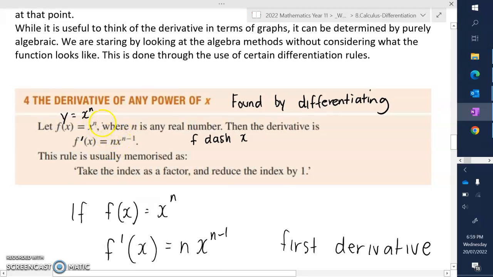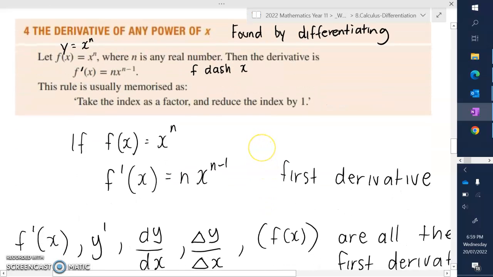We've still got our x, and we have our power of n, and we take a number away from it. So the n comes down the front and one is removed from that power. This is usually memorized as take the index as a factor and reduce the index by 1. If you don't want to use the word index, you can use the word power.